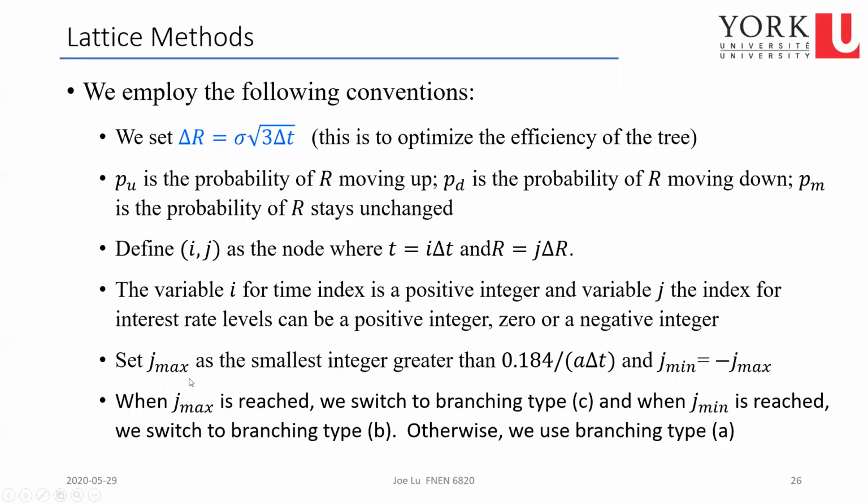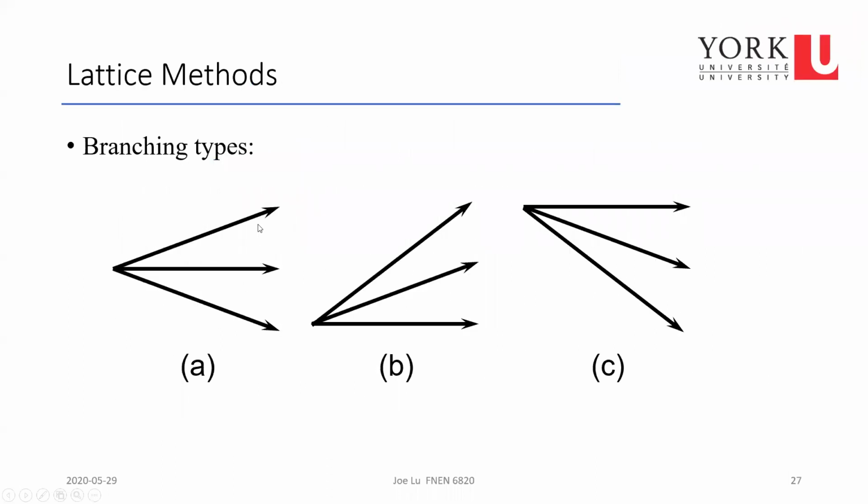Now in the trinomial tree we build, we have 3 different types of tree branching, unlike the binomial tree we saw before, which had just one type of branching. Here we have 3 types. If we denote this as the A type of branching, the middle branch is the one where the rate will not change.